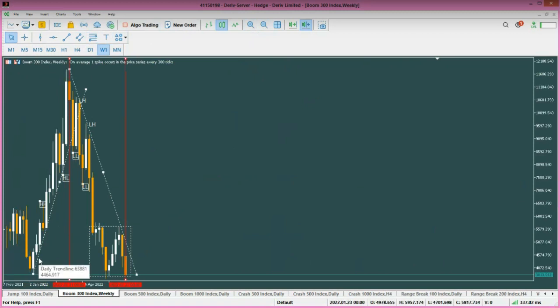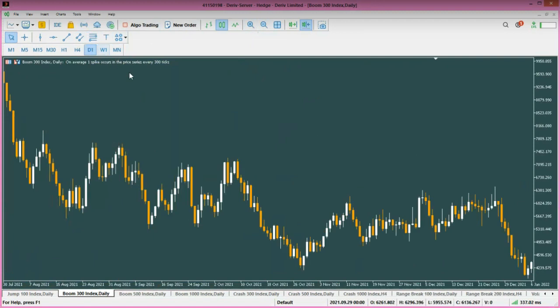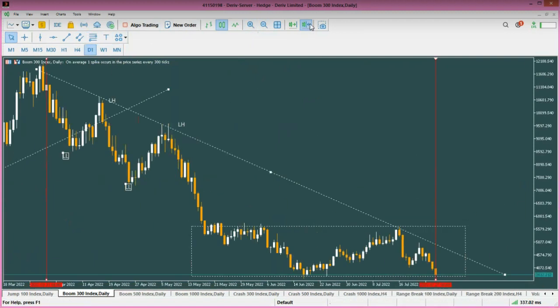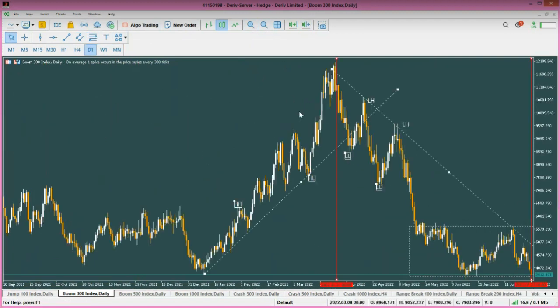This part here, it was uptrending and then downtrending. So let us go back to our daily time frame. Let's zoom out here.